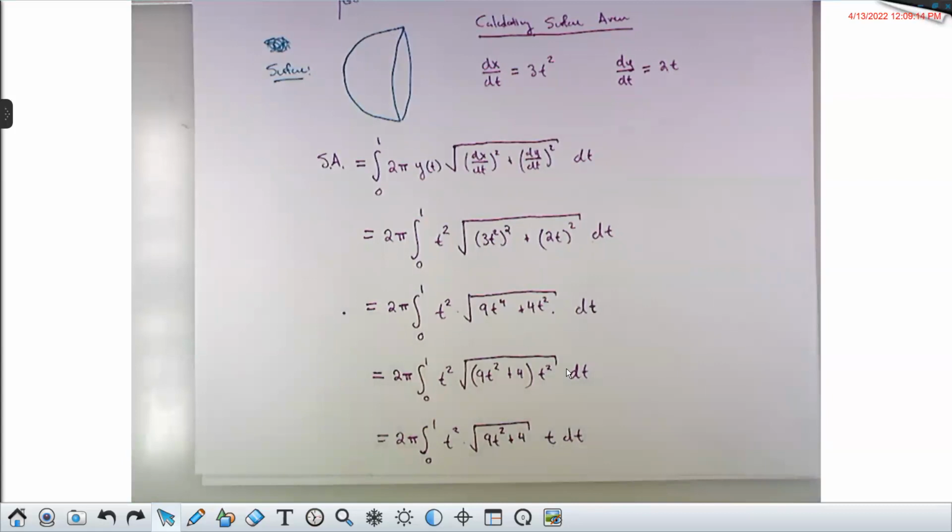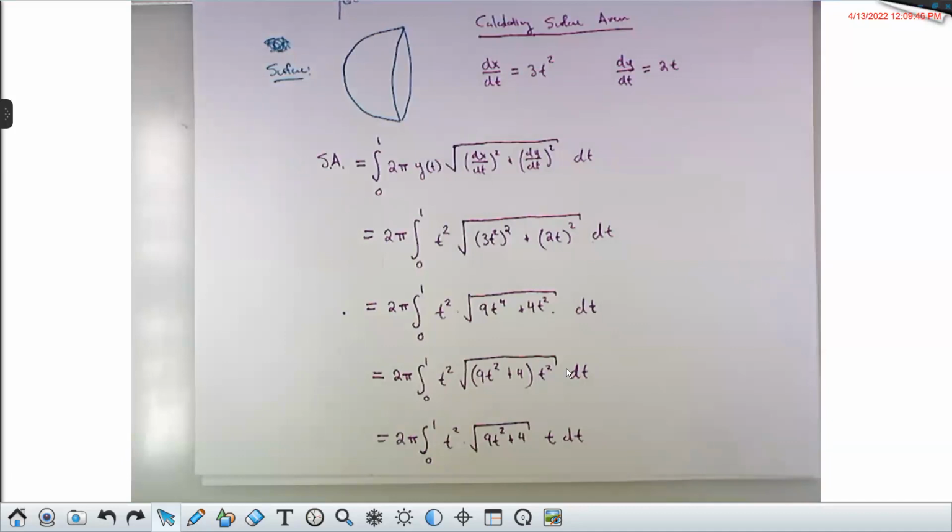Excellent. Yeah, so the suggestion here in the DM was a substitution. Does anybody see what I could sub for? I don't think subbing z equals 18t would work.